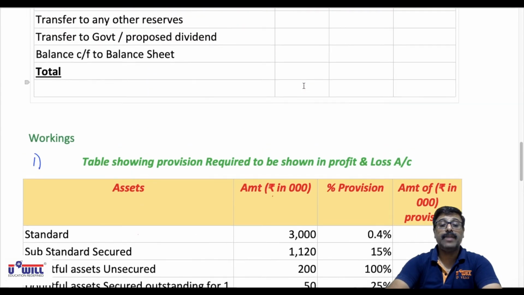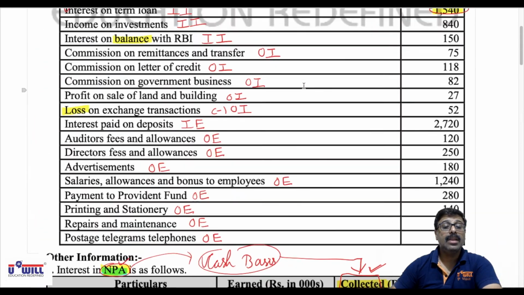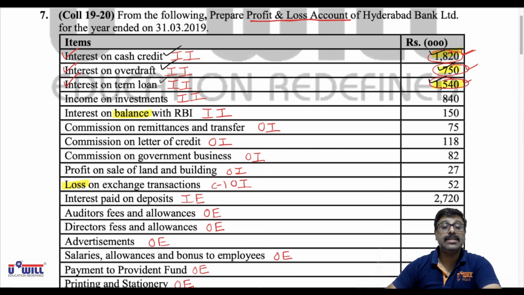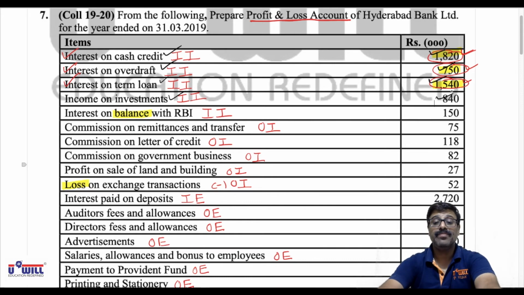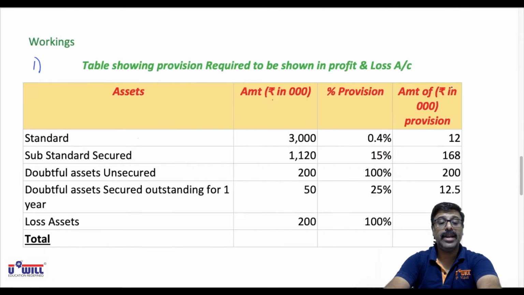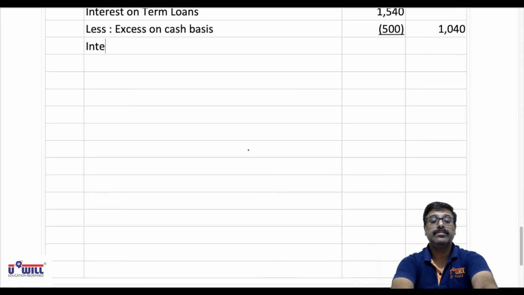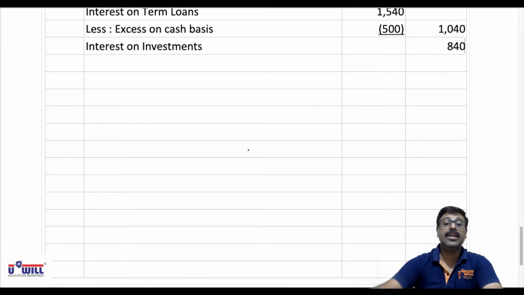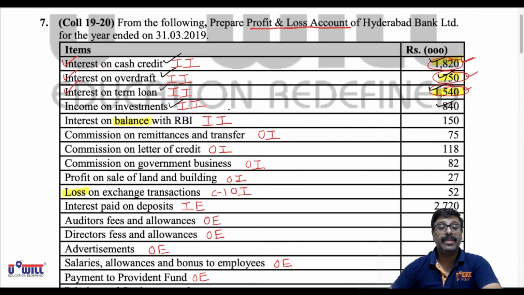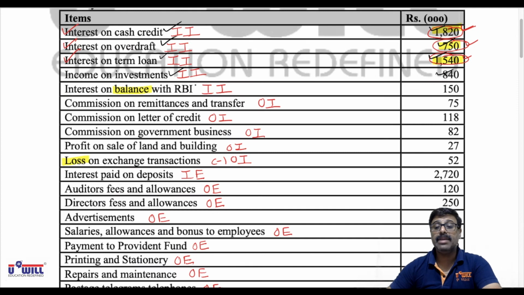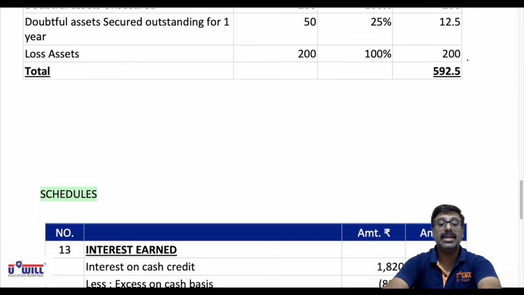Which other items of II are there? Interest on investments is there, that is 840. All of you write down 840. Then after interest on investments, we have interest on balance with RBI 150.